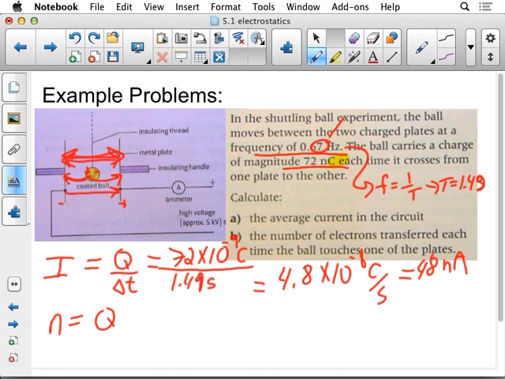We want to find the number of electrons. And if we know the number of coulombs, what would we do to get that? What do we need to do?